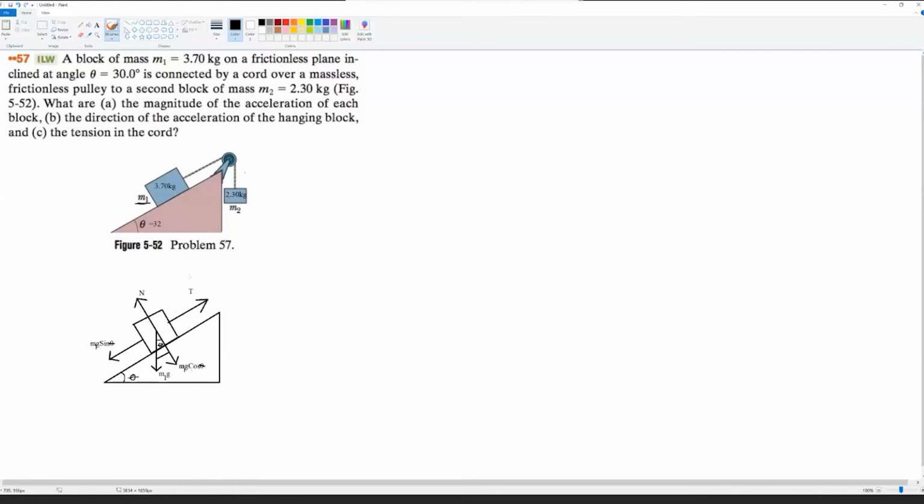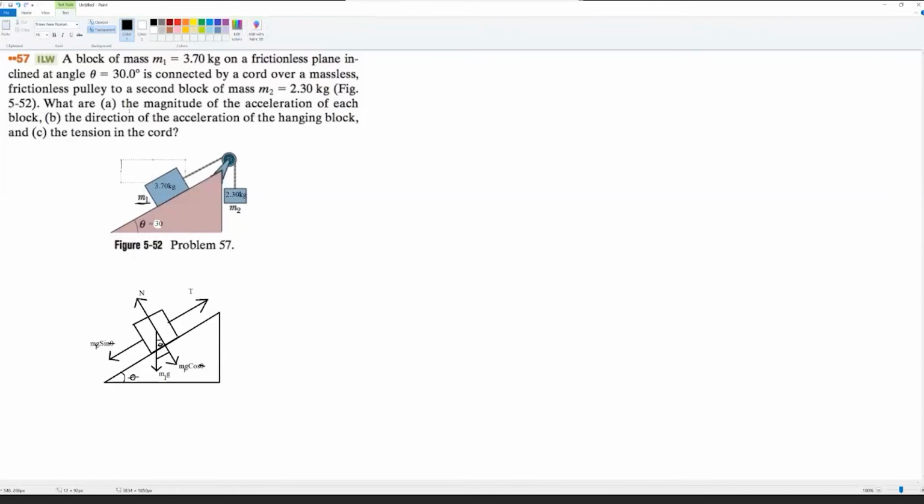So, back to the problem. We have the blocks and we have the masses. It's on a frictionless plane, so we're not dealing with friction. And they gave us the angle, which I apparently accidentally wrote as 32. Don't mind the weird hole in the block now.